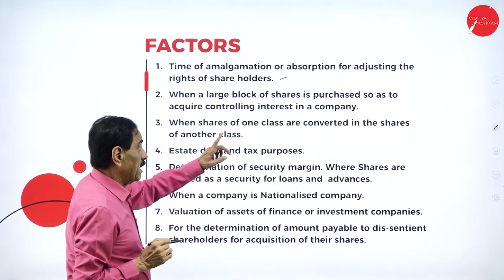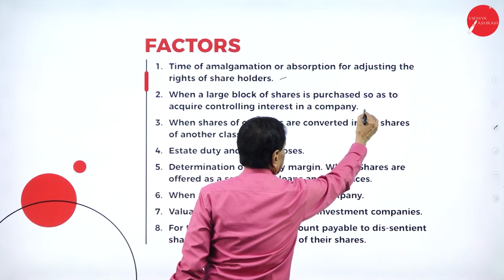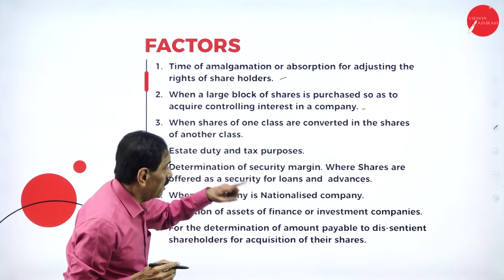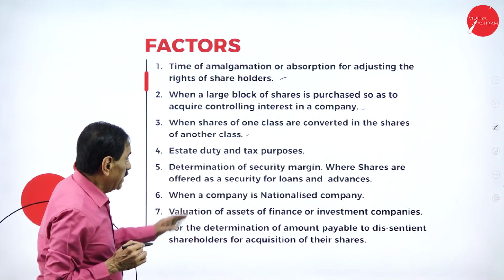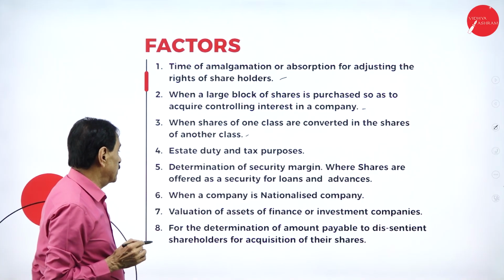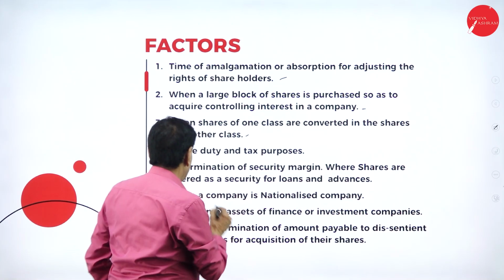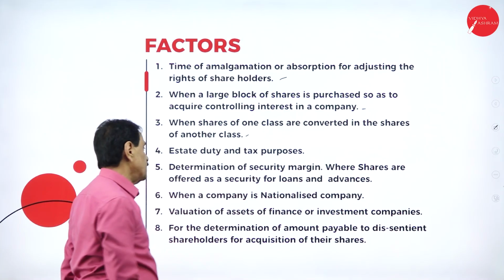When a large block of shares is purchased so as to acquire controlling interest in a company. When shares of one class are converted into shares of another class. Estate duty and tax purposes. Determination of security margin where shares are offered as a security for loans and advances.